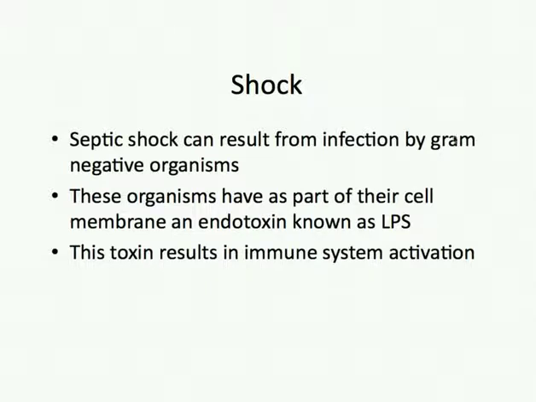Alright, so the first form of shock that we're going to talk about is a form of distributive shock known as septic shock. And septic shock basically has as its initiating event an infection by gram-negative organisms. And we talk in particular about gram-negative organisms because these organisms have as a component of their cell wall lipopolysaccharide, or LPS.